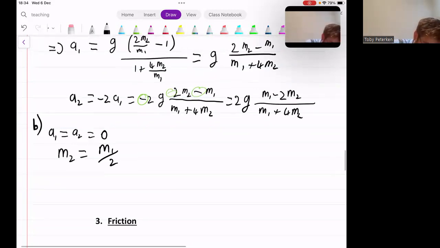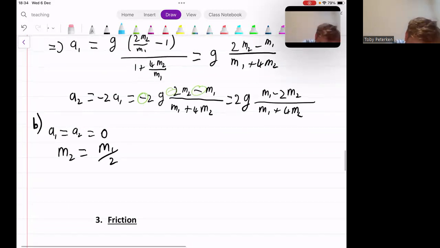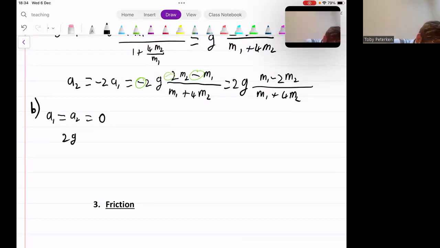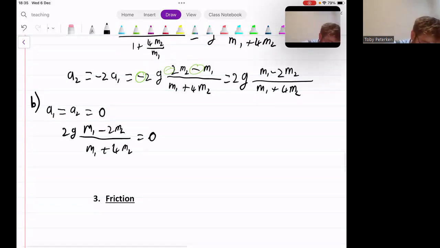So I did that. I maybe skipped a step there. So look, when this is equal to 0, I'll go back. Yeah, so I did skip a little bit there. Let's have a look. We have 2G(M1 minus 2M2) over (M1 plus 4M2) equals 0. So when does this equal 0?